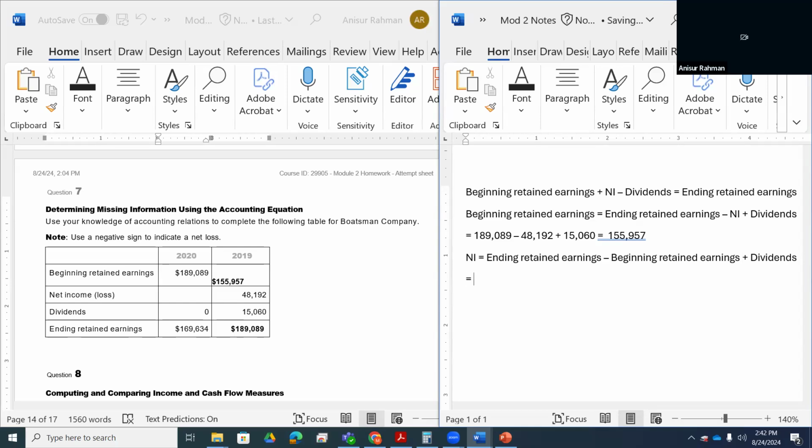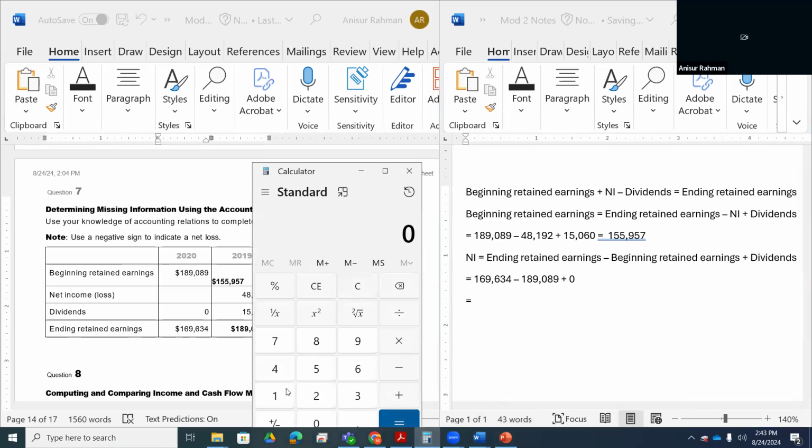So which is equal to ending retained earnings for 2020, 169,634, and a beginning of 189,089, plus dividends of 0. So which will actually be 169,634 minus 189,089.